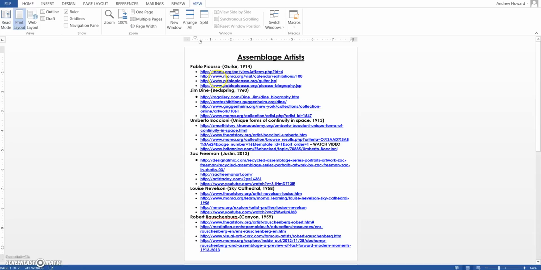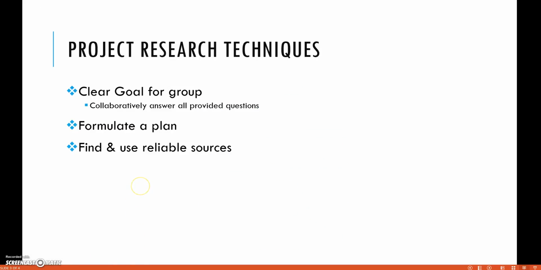And we have over here pablopicasso.org, which is a website that was created for Pablo Picasso. There's even Britannica and the Art Story, a lot of different websites that are great resources that are reliable. You know that the information there will be correct. So that is something that you have to make sure that you do.